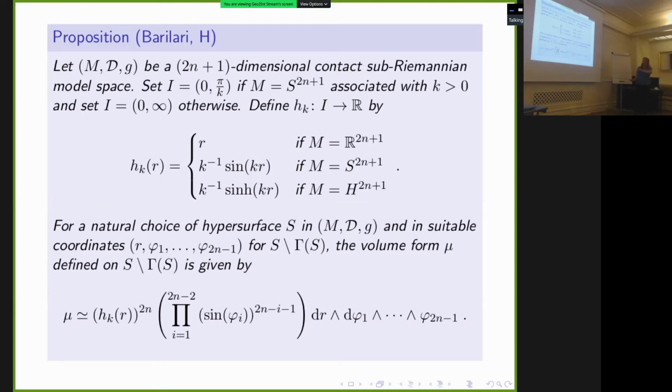So what happens here is that we have one additional factor of R, of this sine and this sinh. That's one thing which changes through this sub-Riemannian construction. So we now have a 2n-dimensional space which comes with one extra factor compared to what you'd expect in the Euclidean construction.